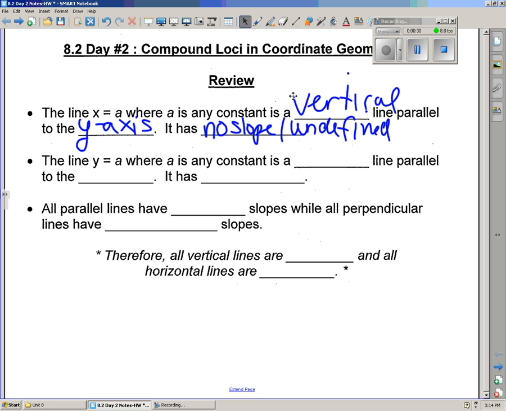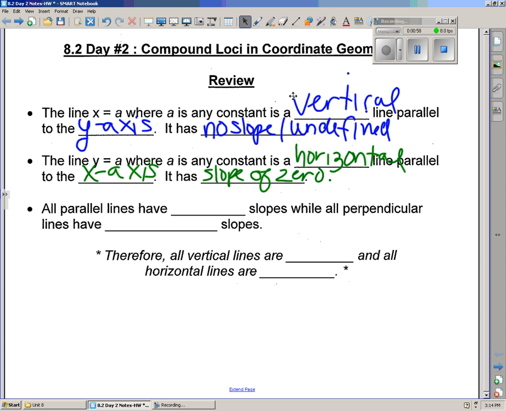Okay? Now if you have a line that's y equals a, where a is still a constant, y equals 5 or y equals -5, those types of lines are horizontal lines. Horizontal lines are always parallel to the x-axis, and horizontal lines have a slope that is 0. So it has slope of 0. No slope is very different from slope of 0.